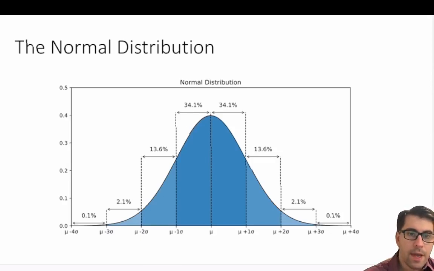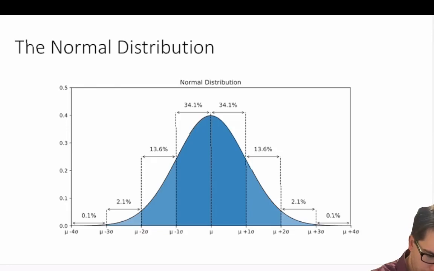So in knowing that we have this 68, 95, 99.7 rule, we can also break down our normal distribution without any calculations at all. Of course, we'll get to how you calculate probabilities in a normal distribution, but for now, let's just admire the properties. The normal distribution is perfectly symmetrical about our mean.